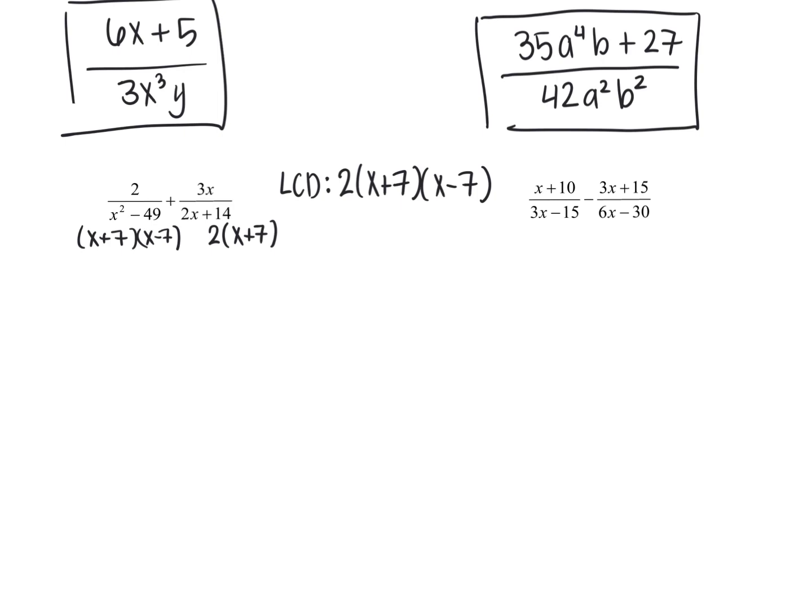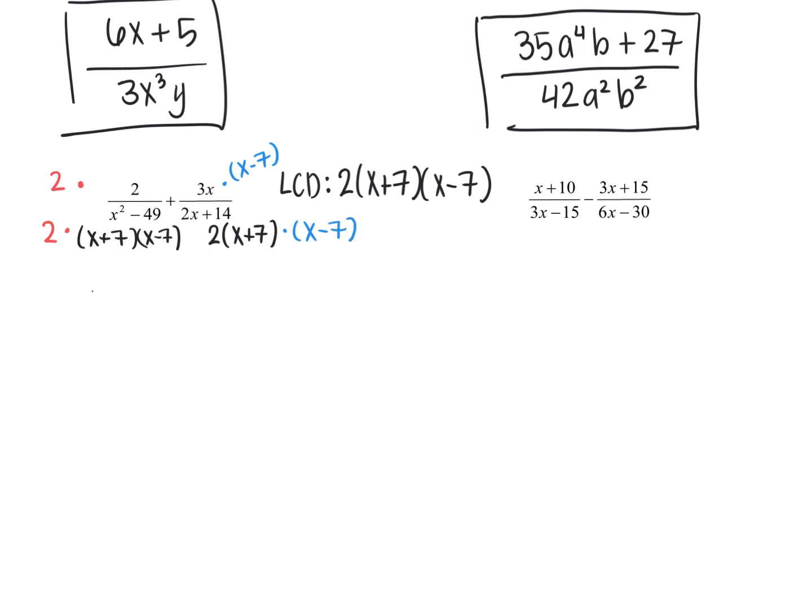So for my first fraction, the only thing it's missing out of the LCD is 2, so we're going to be multiplying the numerator and denominator by 2. And for our second fraction, it's missing the x minus 7, so we're going to multiply the top and the bottom by x minus 7.